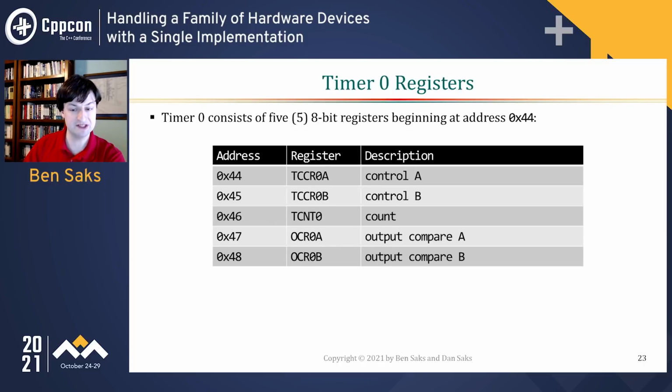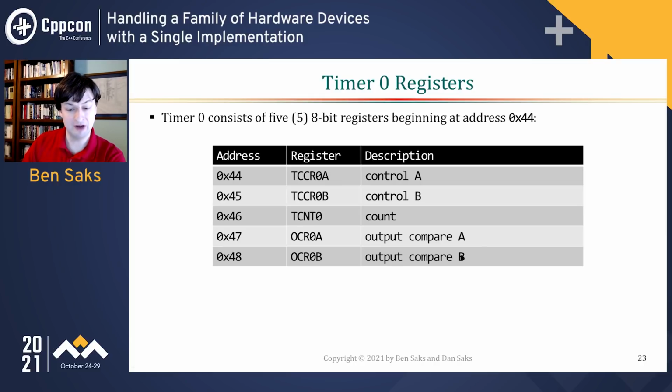Here is the layout for timer 0. It's made up of these 5 registers. They're located at the address 44 hex. It consists of 2 control registers, a count register, which is just where the timer is storing the count that's constantly counting up towards 250 or whatever maximum value we specified.